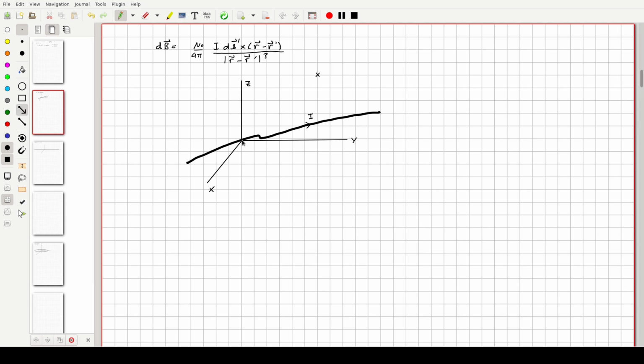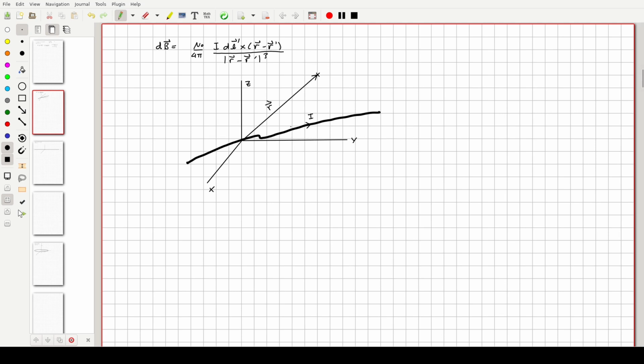Now, let's pretend that I'm interested in the magnetic field at that point in space. So relative to the center of our origin, that's my point of interest. So that would be R. Now, this magnetic field at this point is a consequence of this current at all points along here contributing part of a magnetic field to that.